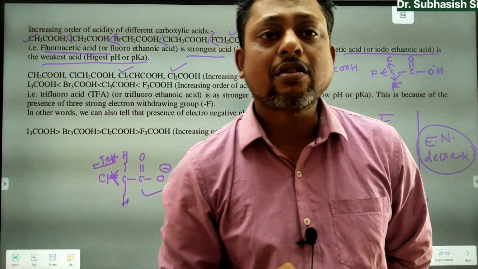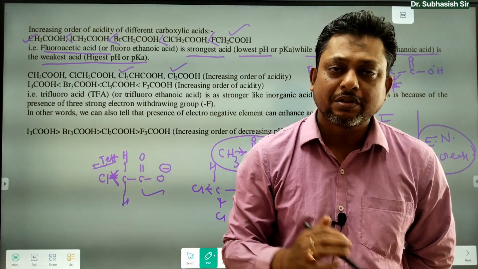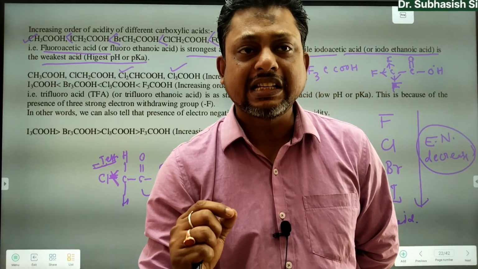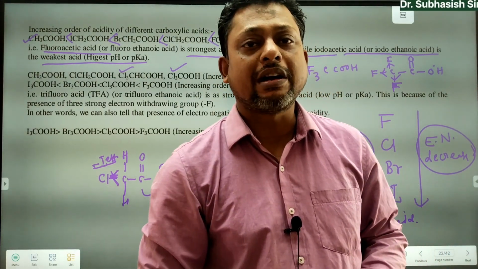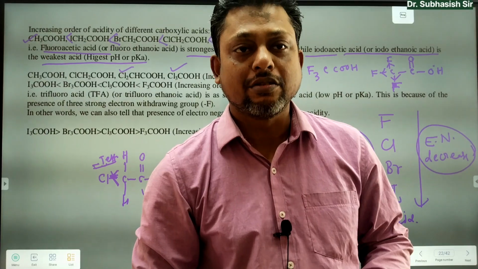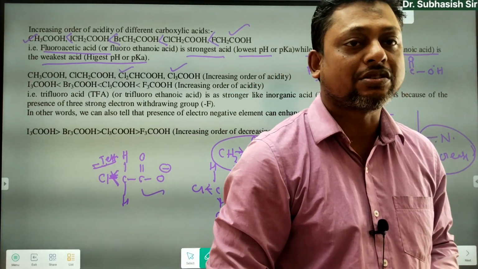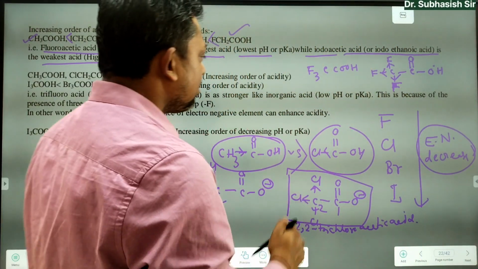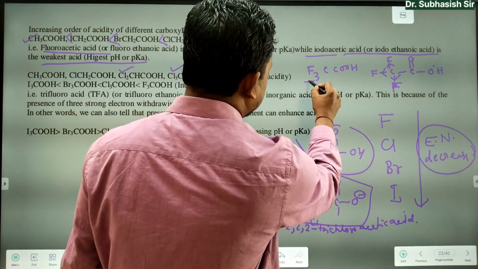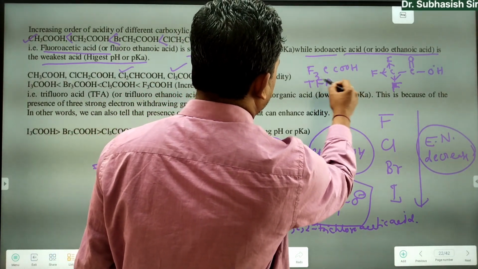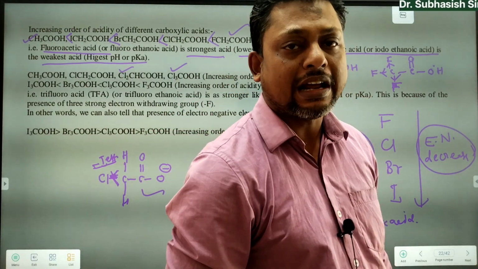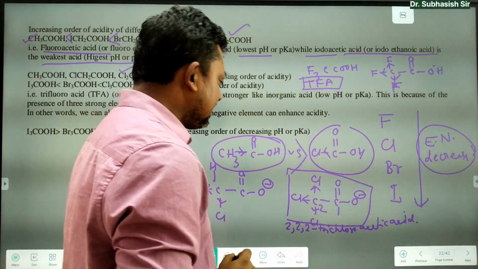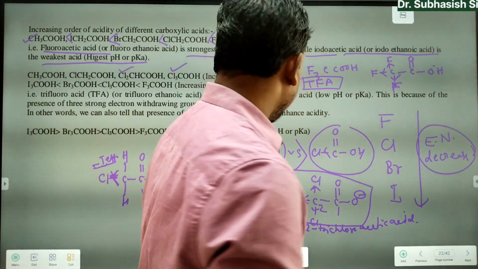If one drop of trifluoroacetic acid falls onto your hand, then you may require plastic surgery to repair your skin. So this is a very dangerous, strong acid. The short name of this acid is TFA. What is TFA? T for tri, F for fluoro, A for acetic acid. So trifluoroacetic acid is the strongest organic acid.